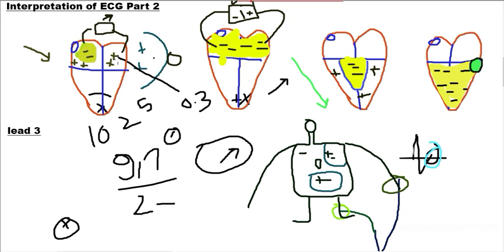That's why in this case we subtract: 2 minus 5. As a result, our result is minus 3 millivolt, and lead 3 will deflect towards this side.